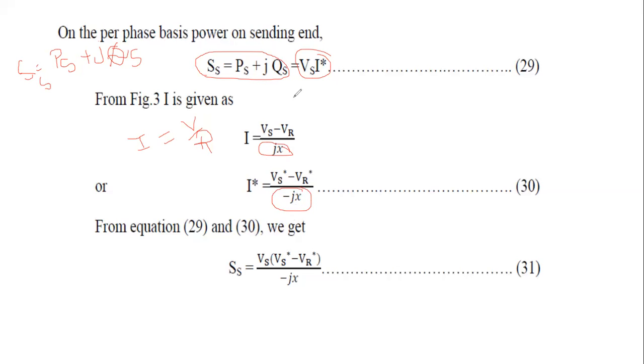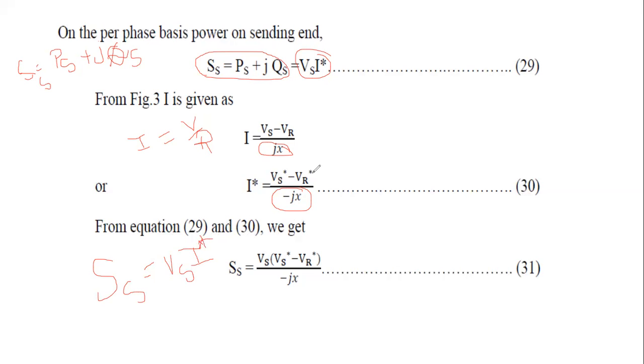Okay, therefore, from these two equations, we write down the Ss. The formula for power referred to the sending end voltage is Ss equal to Vs, the sending end voltage, into I conjugate.